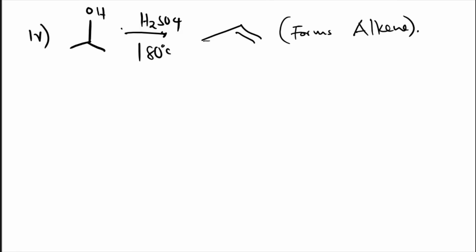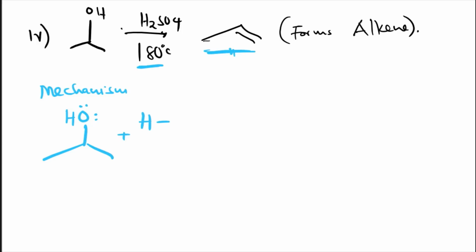Okay, so what happens if you react an alcohol in sulfuric acid at a high temperature? It forms an alkene. So the reaction mechanism for this one will be this. This alcohol here has got 2 lone pairs of electrons, and it's reacting with an acid.